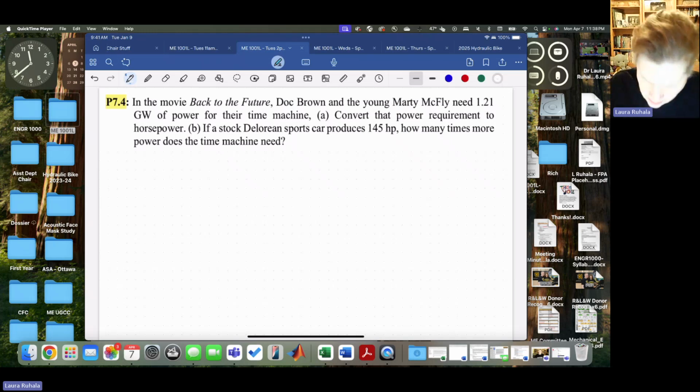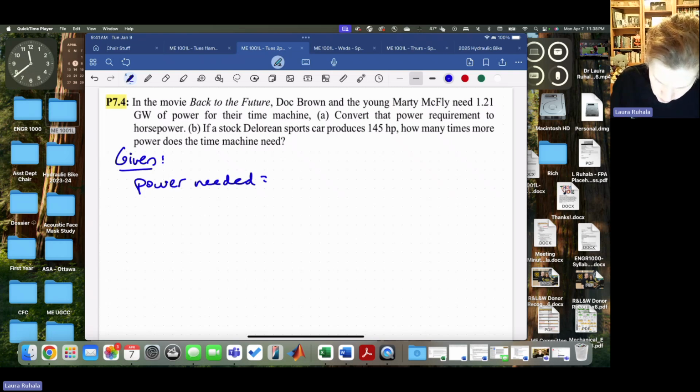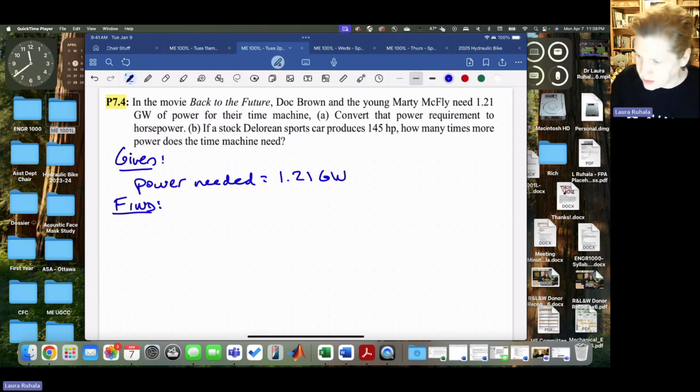So this is the question that we have. All right, so let's solve this. So we are given the power needed is 1.21 gigawatts. And what we need to do, of course, is a conversion, as always. Lots of conversions.